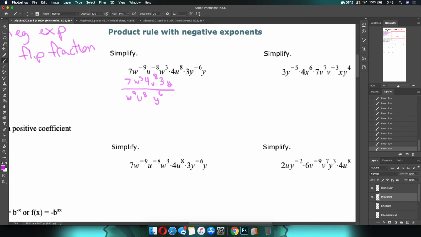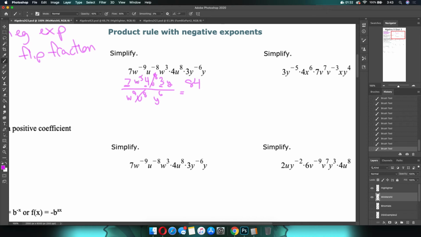Because let's see here, we have our 7 and our 4 and our 8. So 4 times 3 is 12, 12 times 7 is 84. So far so good. Then we have a u to the 8th and a u to the 8th. Since they're above each other, they cancel out to 0, which means they completely disappear.